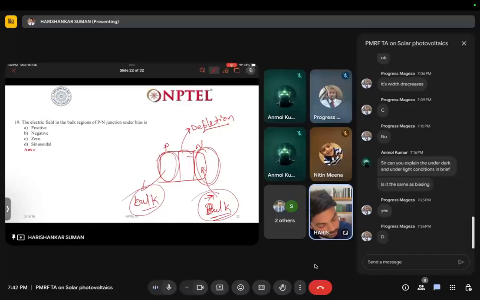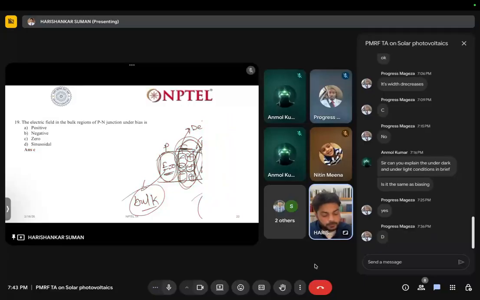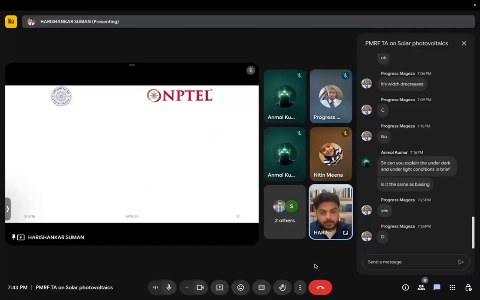Only here we have negative, positive, and negative charge, so the electric field exists only at the junction. In the bulk, it is zero. Okay, next, see the next question.